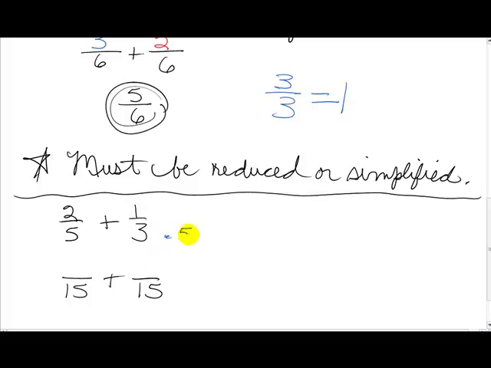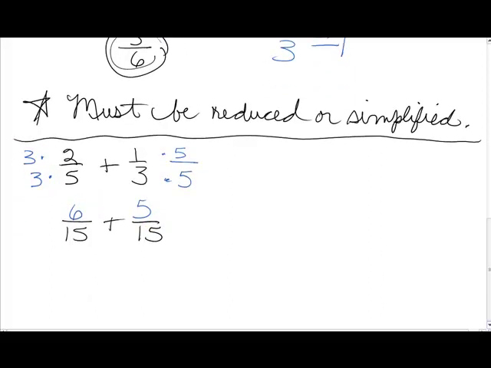So 3 times 5 is how we get the 15. So it's 1 times 5. 5 times 3. 2 times 3. Then I can add the numbers.